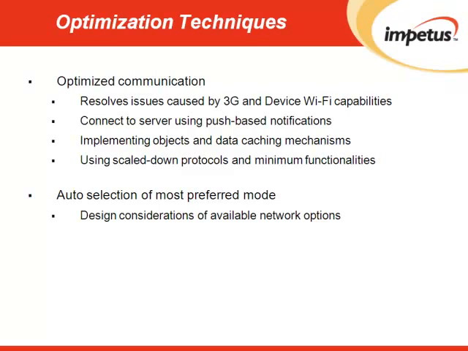Additionally, to reduce the round trips between various screens, applications can implement objects and data caching mechanisms. The applications can use record store for permanent data storage or use data structures for temporary storage. These cache objects can be accessed while the application is running and will be destroyed once the application exits.